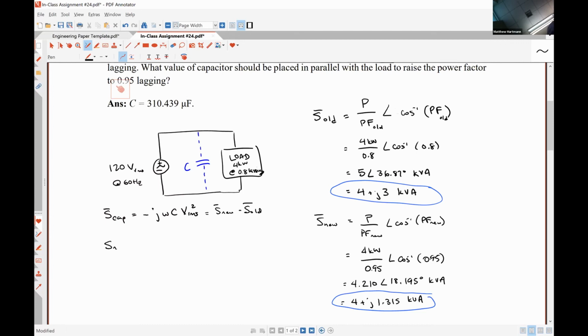So S new minus S old is minus j1.685 kVA.